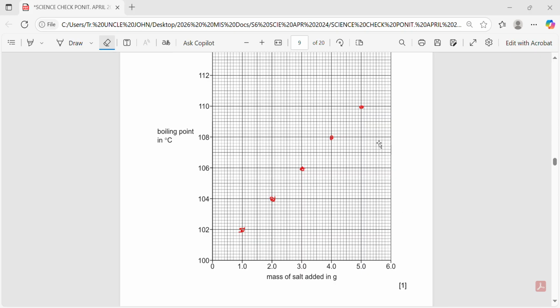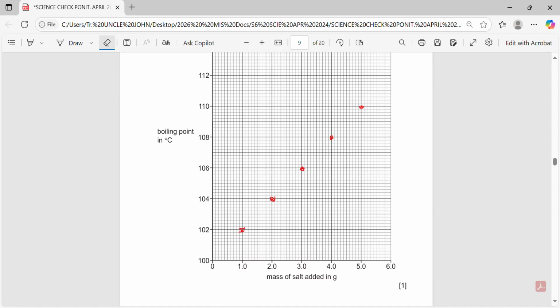In the same way as this. Just like this. You see here, it is very simple. You have to use a ruler. You make sure the line is very straight.